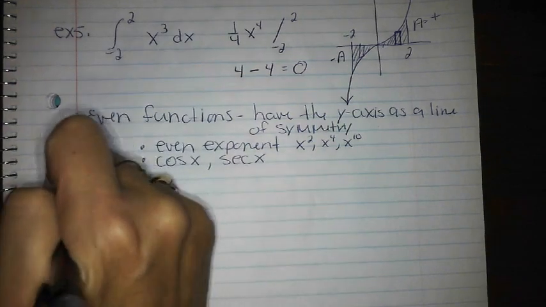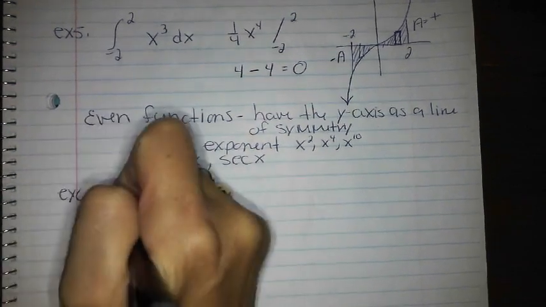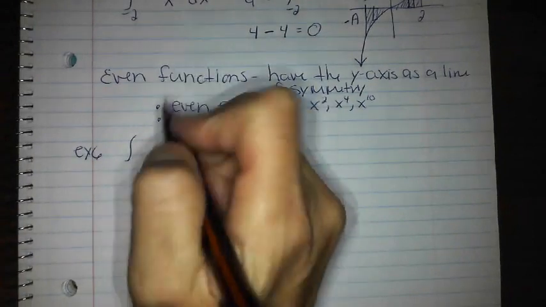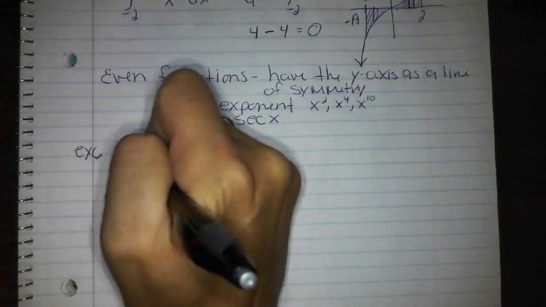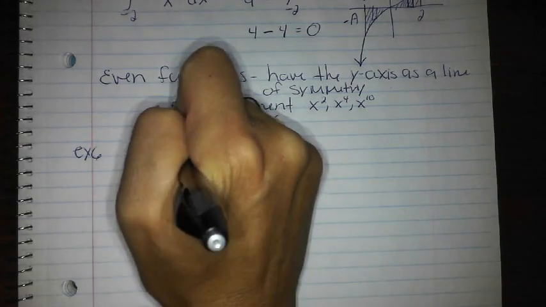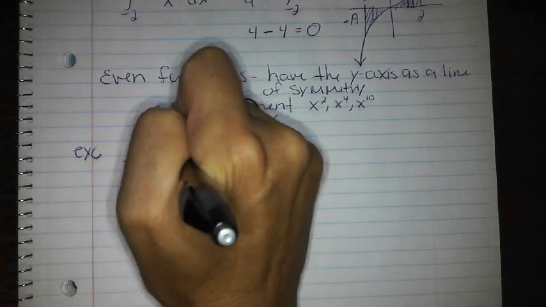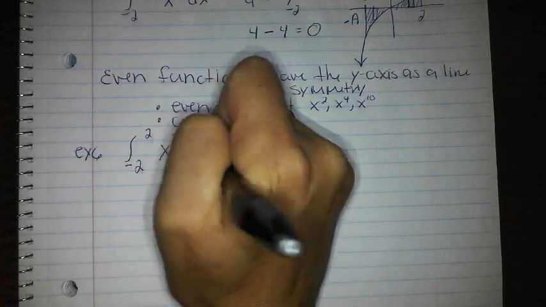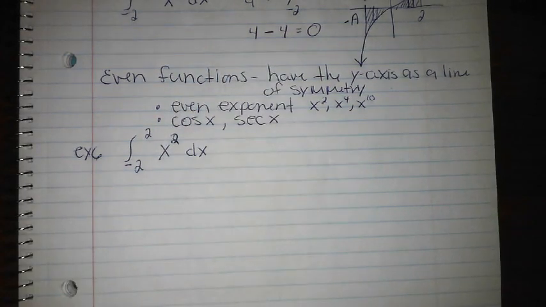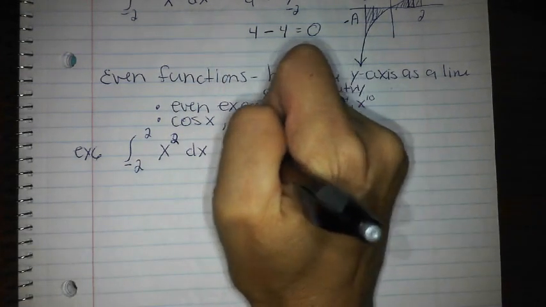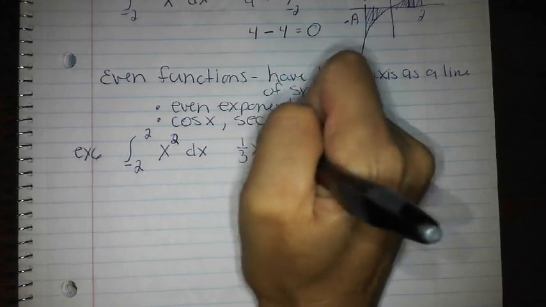So number 6. Let's look at -2 to 2 again. We need an even function. Let's go x squared. Keep it smaller. All right, so our antiderivative is 1/3 x cubed.